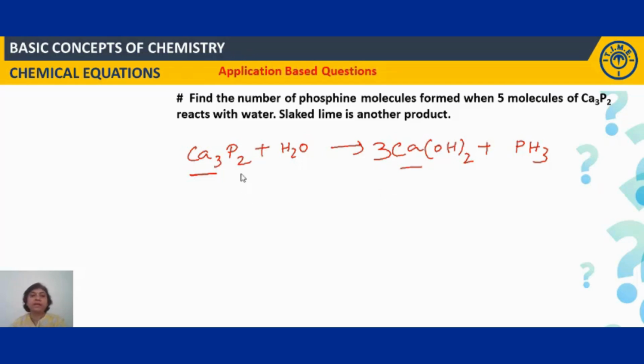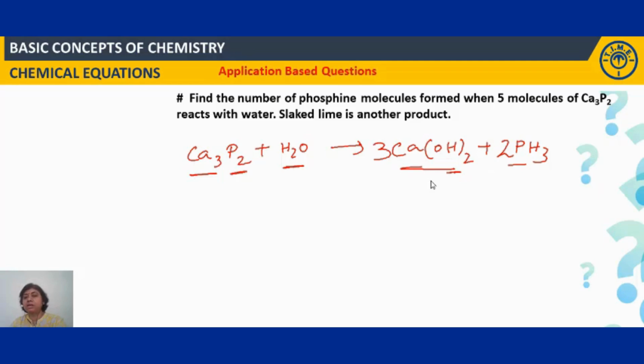Fine. Next, look at the phosphorus atom. P2. Here left hand side it is 2 phosphorus atoms, right hand side 1. So definitely I have to write here 2. Now next element, hydrogen. Here left hand side it is 2 hydrogen atoms, right hand side how many? In one molecule of calcium hydroxide, 2 hydrogen atoms.